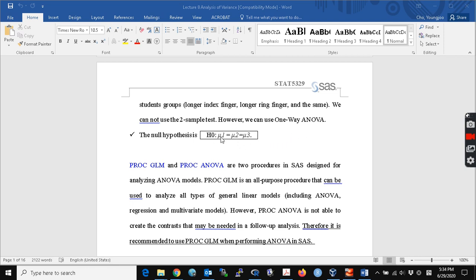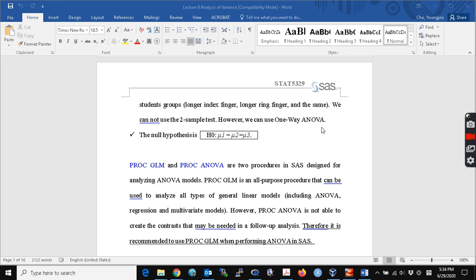One thing I have to mention about this alternative hypothesis is that at least one pair of them is not equal. The alternative hypothesis can be that mu1 is not equal to mu2, but mu2 may be equal to mu3 and mu1 may be equal to mu3.